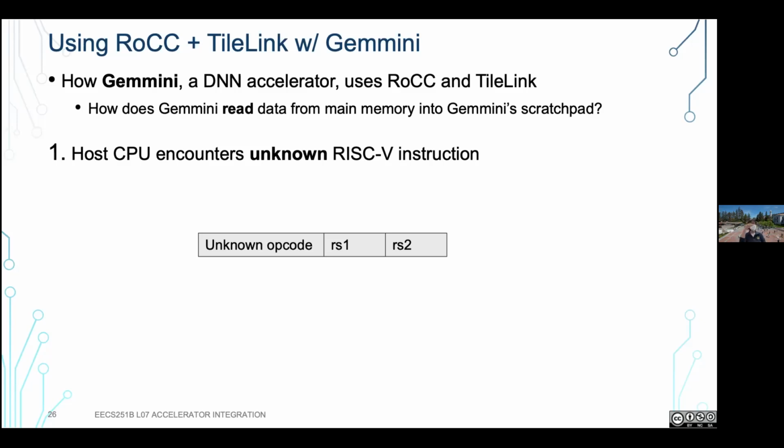But here are the typical steps involved in using RoCC and TileLink for an accelerator. First, we mentioned the benefit of RoCC is that it makes the software a lot easier, right?